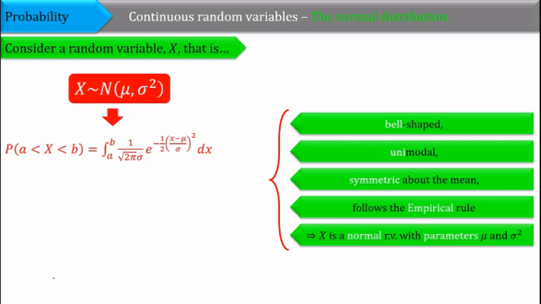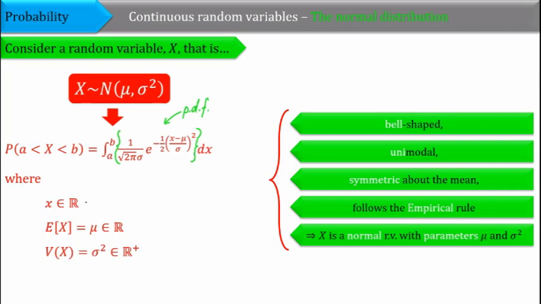The part in the green brackets is our PDF, the probability density function. It looks a bit intimidating, but we're not going to be working with this. Like I said earlier, we're going to use cumulative probability tables to calculate our probabilities, so the only calculations we must be able to do are the normal operations: multiplication, division, addition, and subtraction.